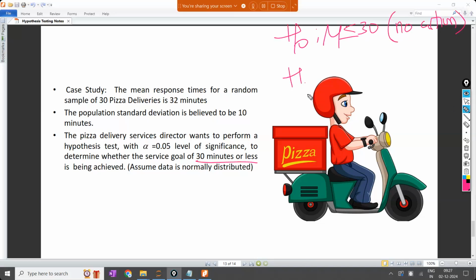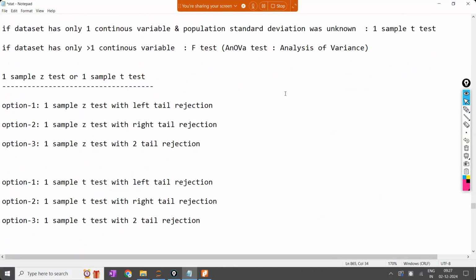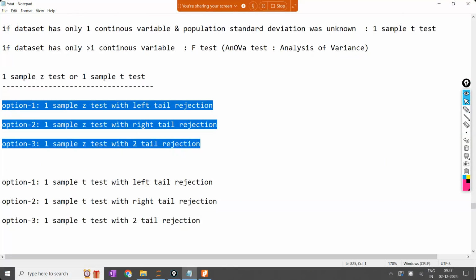And H1 is mu greater than 30, for which we have to take action. Now, whenever we apply the one sample test, there are again three types: one sample z-test with left tail rejection, one sample z-test with right tail rejection, and one sample z-test with two tail rejection.